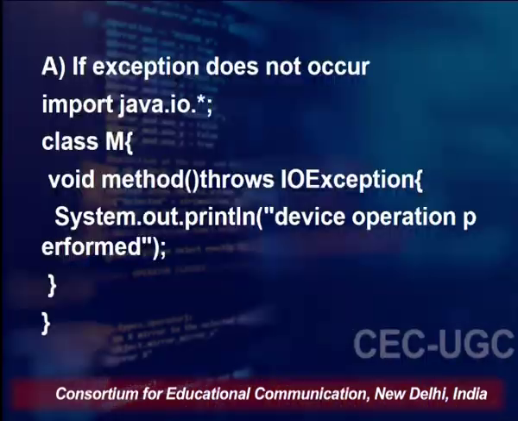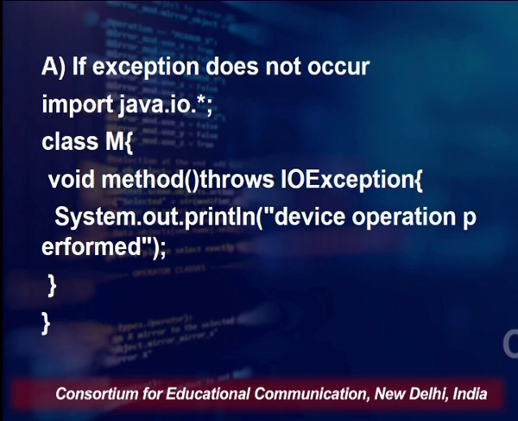So we have import java.io.star, and the same method M, but this time we have not placed any throw keyword in this method M. It is a void method that throws IO exception, and we have just written one simple line, System.out.println device operation performed.